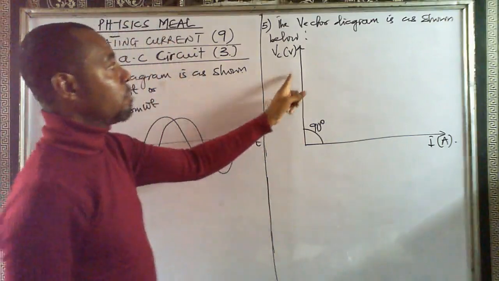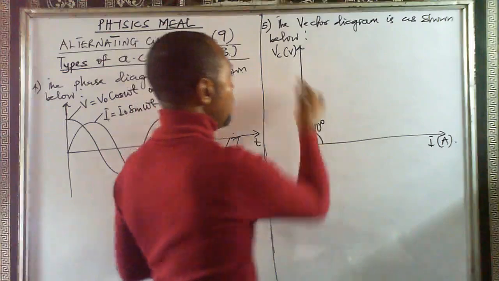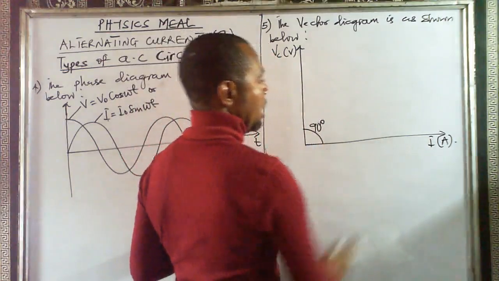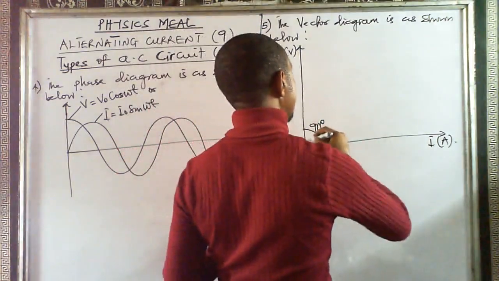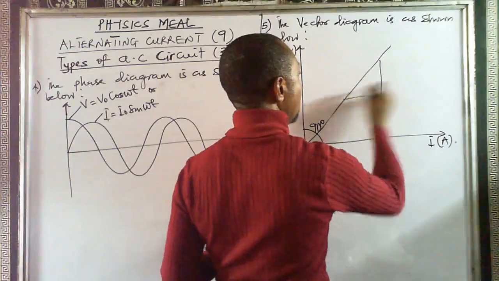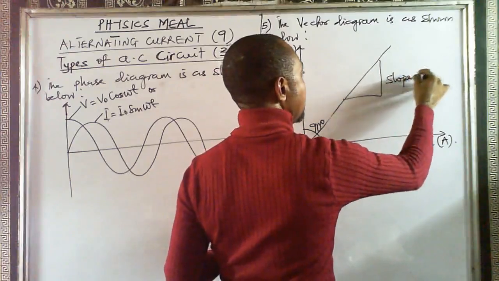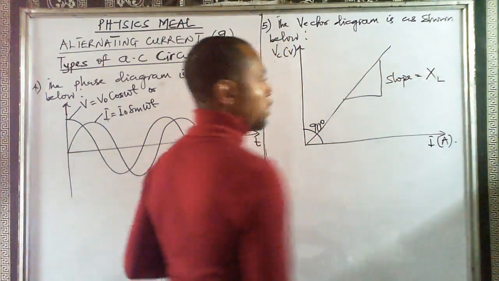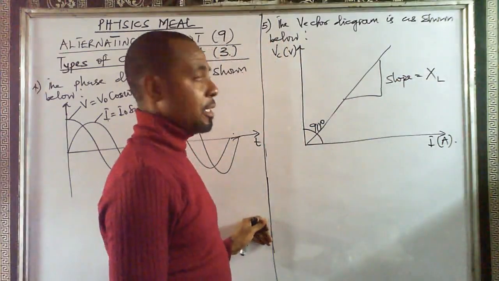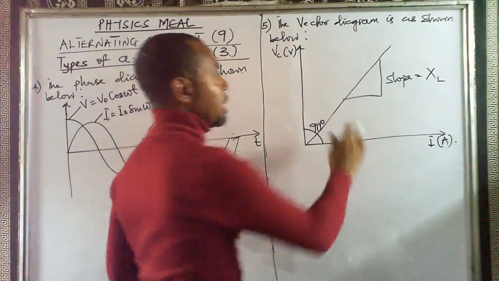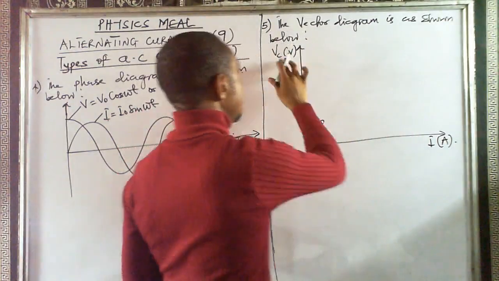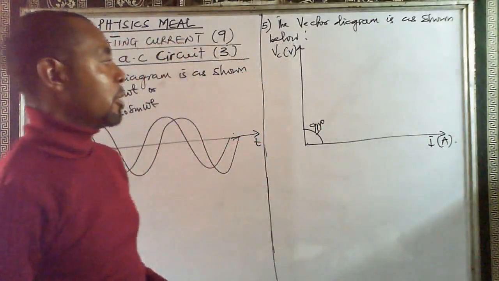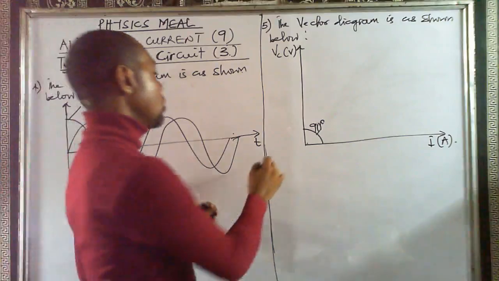So the slope of this graph, if you plot the graph of V against I, you are going to have a straight line graph in this form, and the slope of that graph will be equal to the inductive reactance. So in the graph of VC against I, the slope will be equal to the inductive reactance.